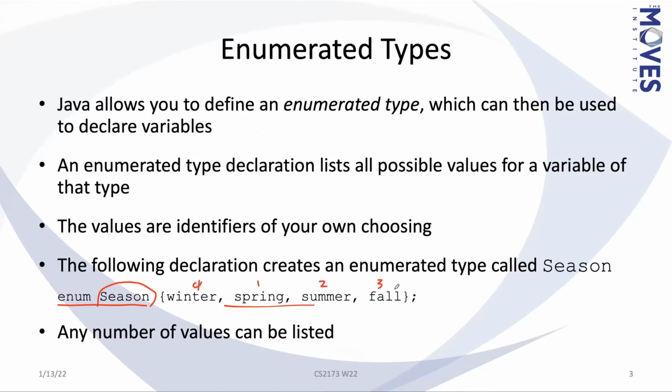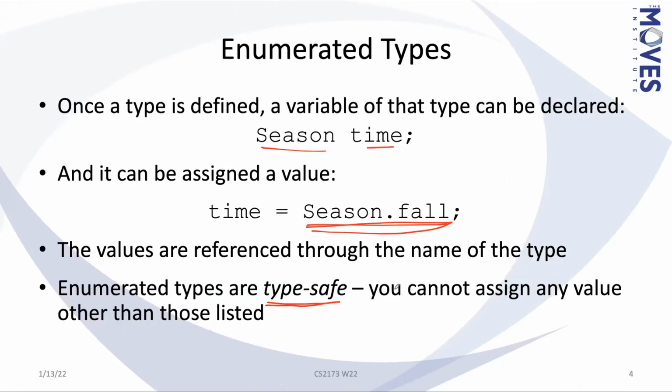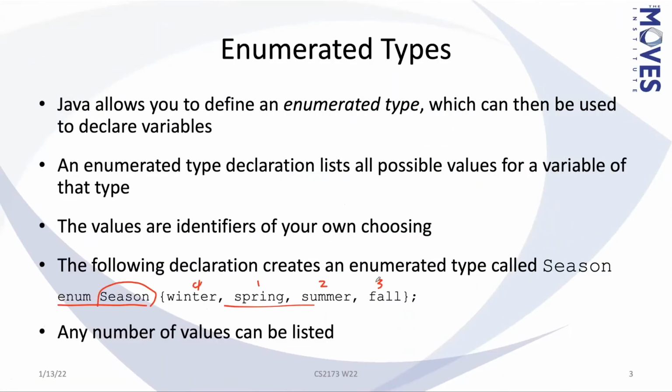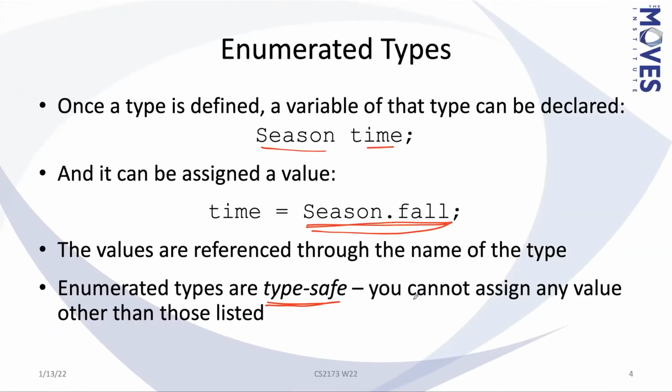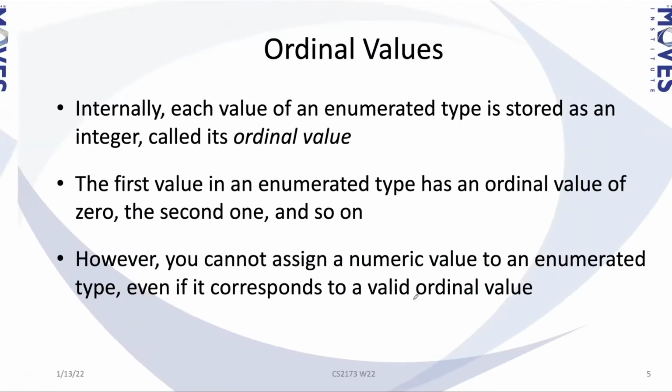And then when we defined a variable of that type, we could assign any integer. We could give it a -5, we could give it 20. And so that was very fragile. In this case, we can only assign these four values to the season. Okay, so that's very valuable.